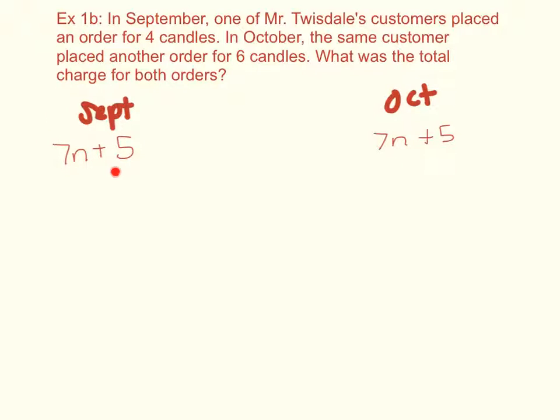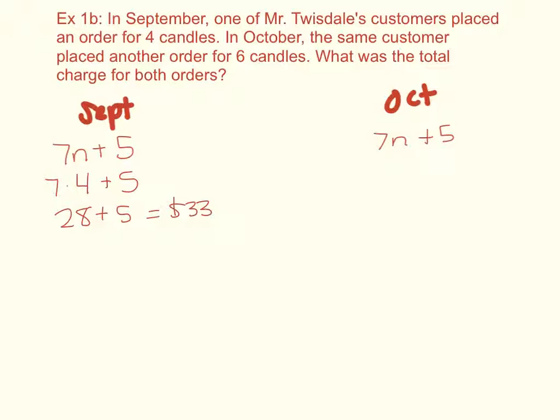So here's our formula. They ordered 4 candles in September, so I have my formula 7, and 4 is our n, plus 5. Let's see how much it cost them. 7 times 4 plus 5. 7 times 4 is 28, plus 5 equals $33. It cost them $33 in September.